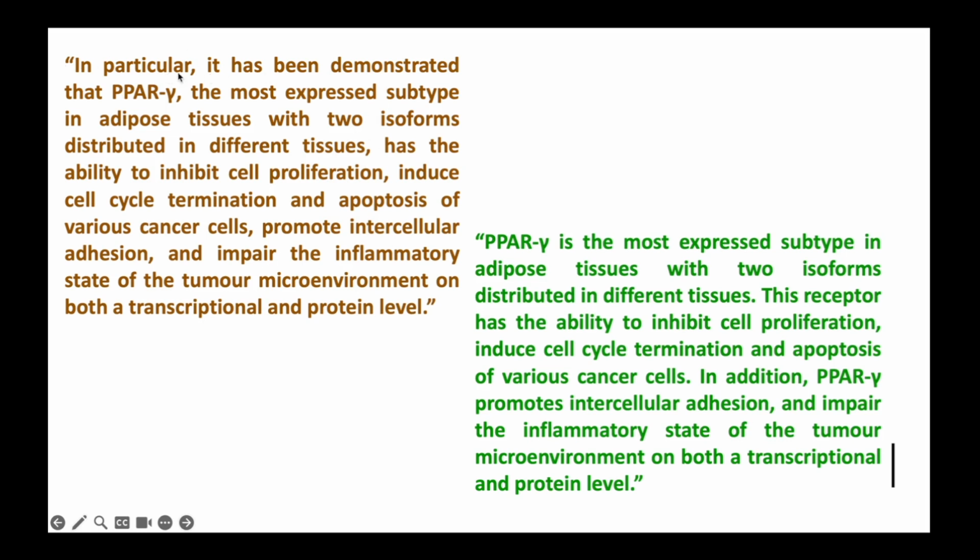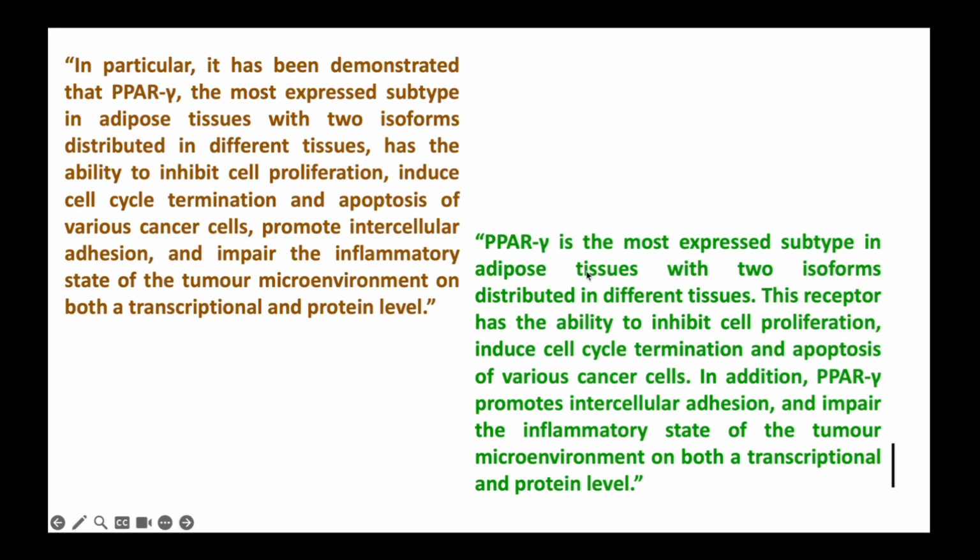If I read it out: in particular, it has been demonstrated that PPAR gamma, the most expressed subtype in adipose tissues with two isoforms distributed in different tissues, has the ability to inhibit cell proliferation, induce cell cycle termination and apoptosis of various cancer cells, promote intercellular adhesion, and impair the inflammatory state of tumor microenvironment on both transcriptional and protein level. I think you might not be able to get what this entire sentence is trying to tell.